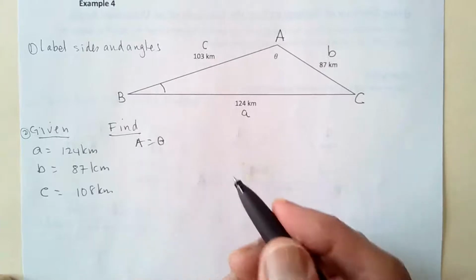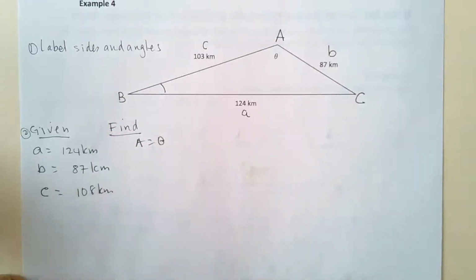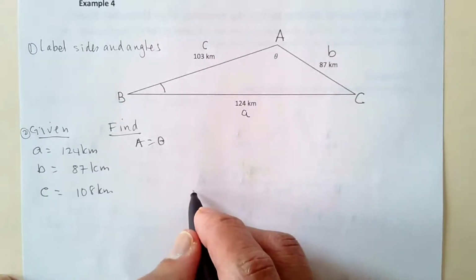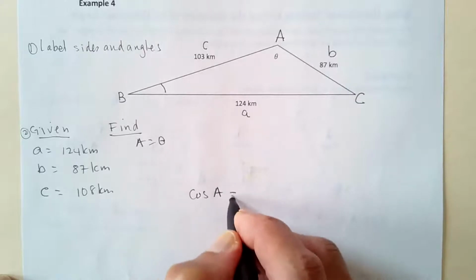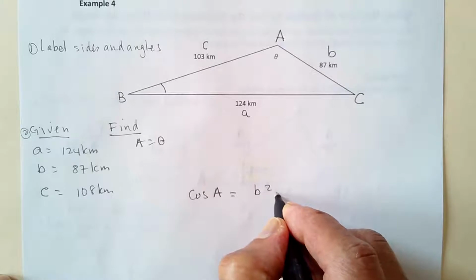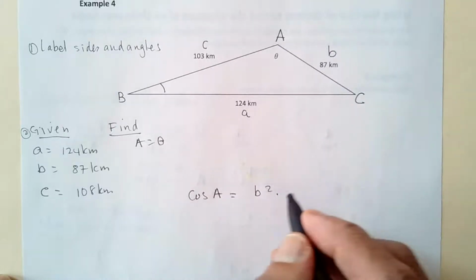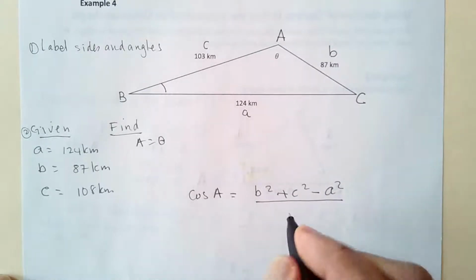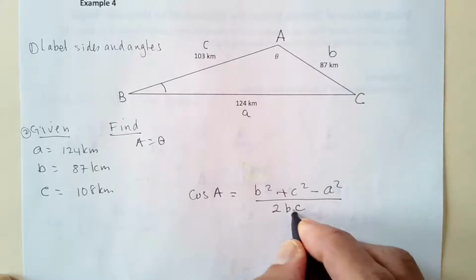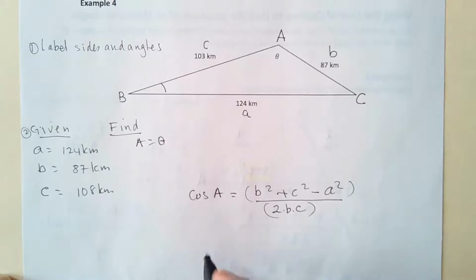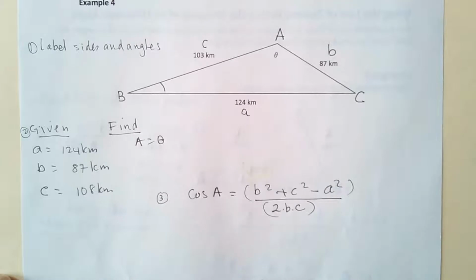Next step, we record our law of cosine formula for finding an angle: cos A equals B squared plus C squared minus A squared over 2BC.